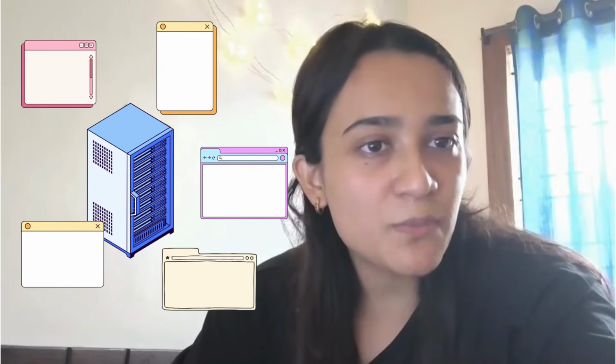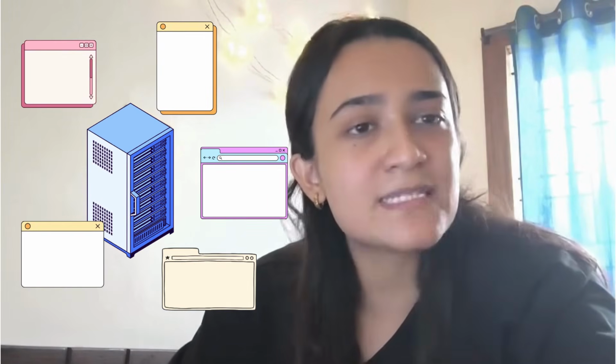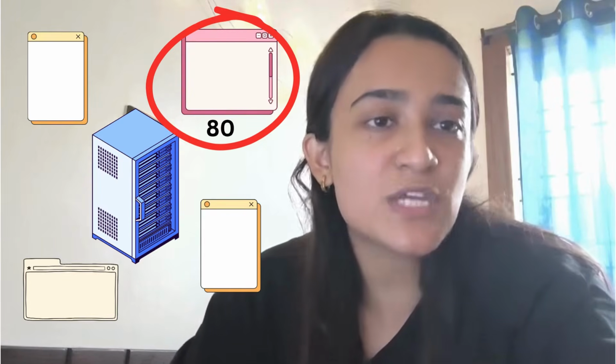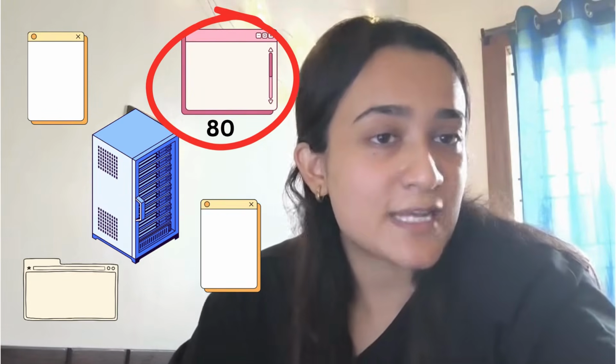So now the web server also has a number of mini conversations open on it, just like my laptop. It has a number of tabs on it. So I need to send the request to the correct place. So I'll go and knock on the door of port 80, which actually has the website that I want to see on my screen. So that is what HTTP has a port number of 80 would mean.